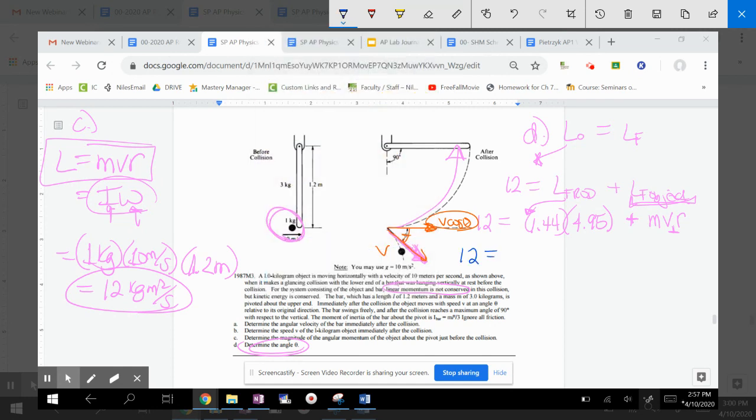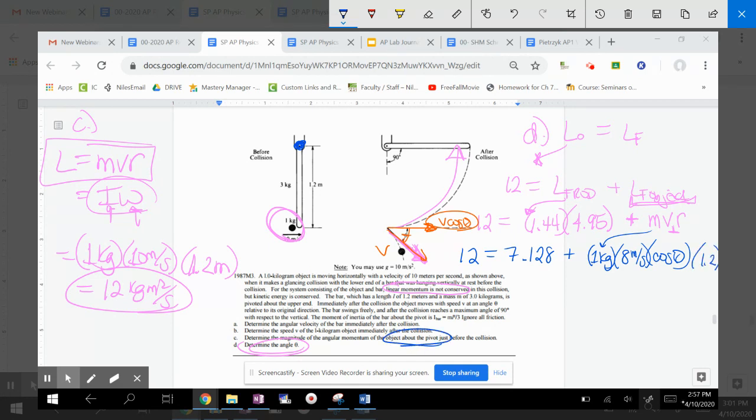So I'm going to rewrite this. 12 equals, and I'm just going to solve for this, 1.44 times 4.95 is 7.128, plus the mass, that's the 1 kilogram mass. The velocity of the object I found in part B was 8 meters per second, and that's cosine theta at this point. And my R is the distance from the pivot, because they say about the pivot right here.